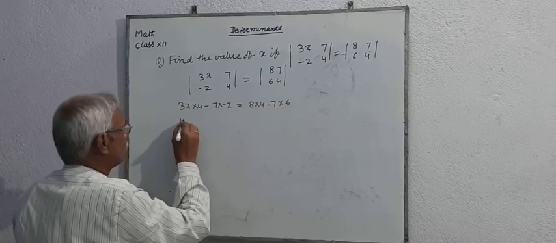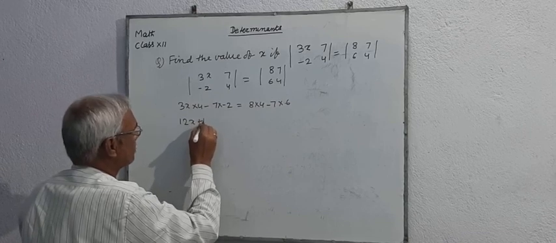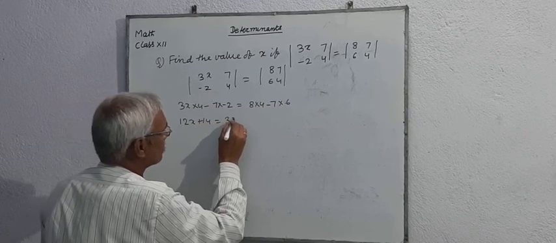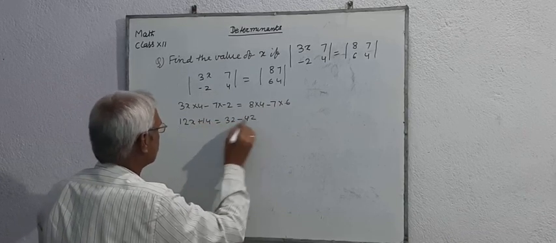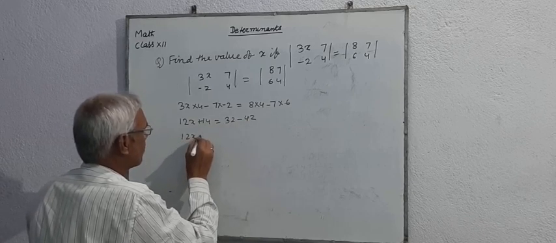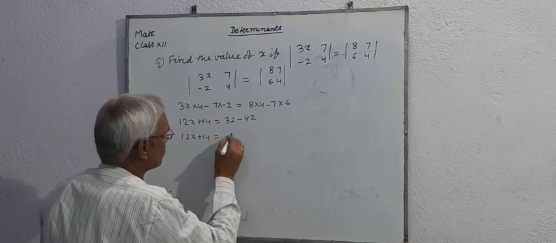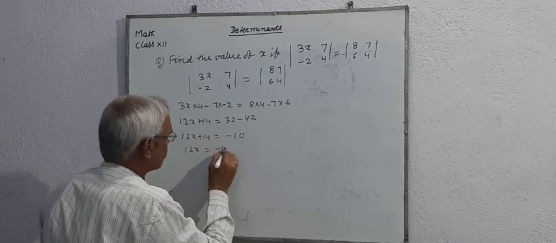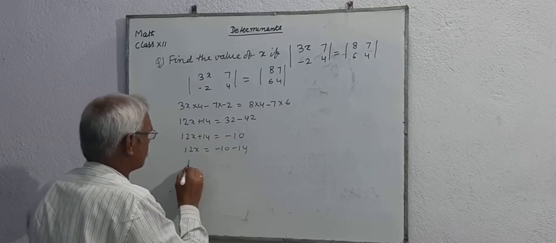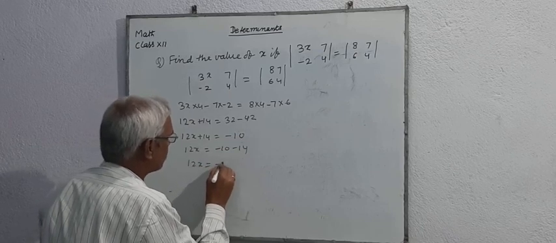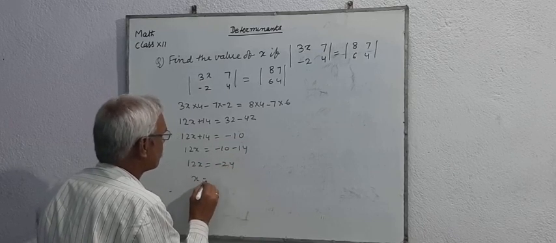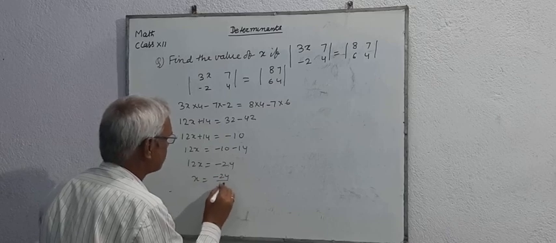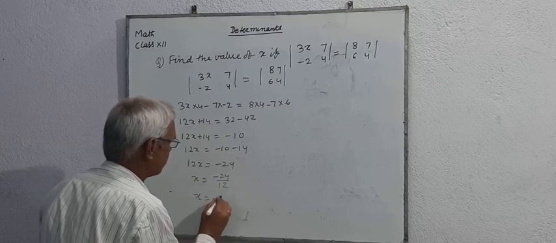We get 12x plus 14 equal to 32 minus 42, so 12x plus 14 equals minus 10. 12x equals minus 10 minus 14, 12x equals minus 24, so x equals minus 24 by 12, x equals minus 2.